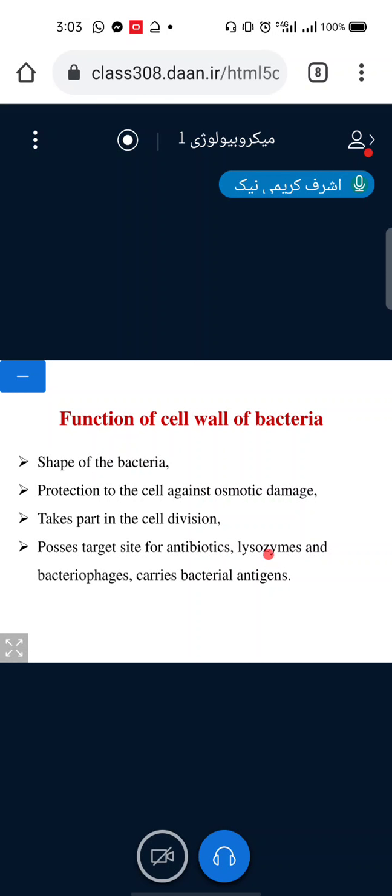Lysozyme, an enzyme, and bacteriophages also target it, and the cell wall carries bacterial antigens. Some bacterial antigens exist on the cell wall.